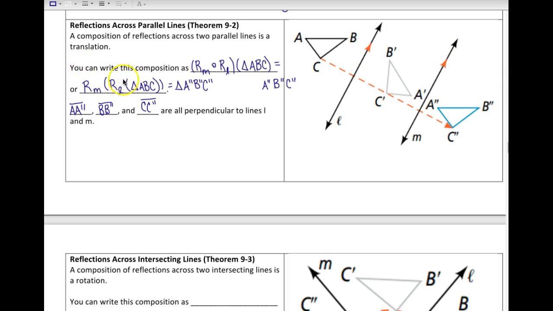Okay, you can write this composition as R sub M, and then this little circle, R sub L, of triangle ABC. I'm going to write a little something over here. You don't have to write this part, but if you guys remember back in algebra when you would learn composite functions, you would have f of g, and this was another way of writing f of g of x.